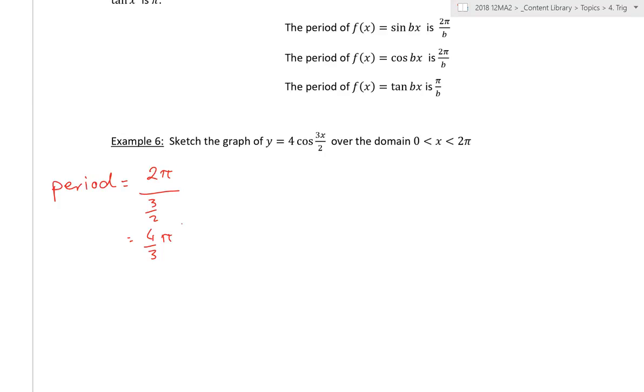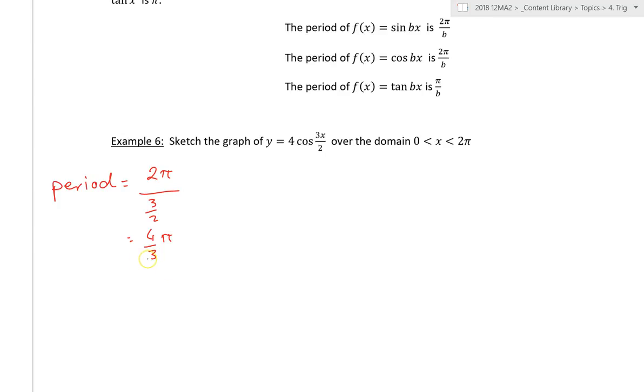Another way that we can look at this is, starting at 0 to 2 pi, how many times does 4 over 3 go into 2? 4 over 3 goes into 2 1.5 times.